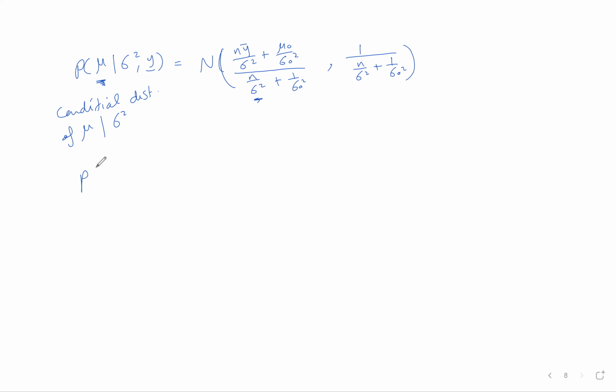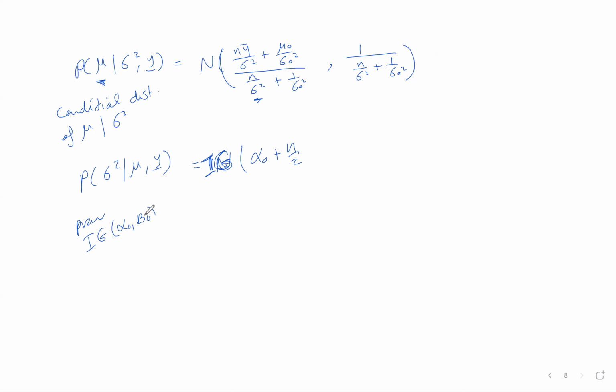And the conditional distribution of sigma square, given mu is known and y is known, is an inverse gamma distribution with alpha star equal to alpha 0 plus n over 2, or you can call it alpha plus n over 2. It's up to you. So assuming the prior distribution is inverse gamma with alpha 0 and beta 0, you can use alpha 0, beta 0 or alpha and beta.